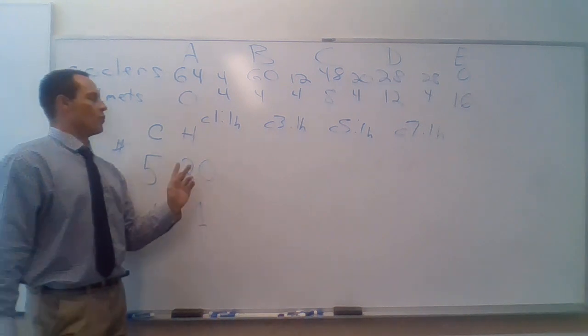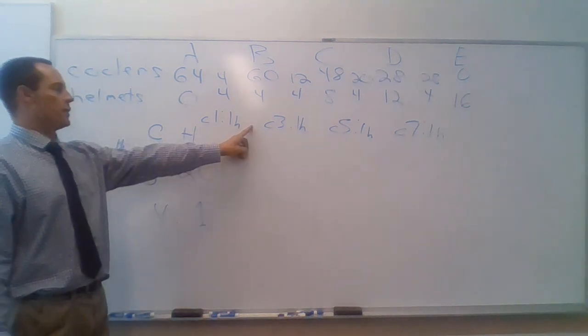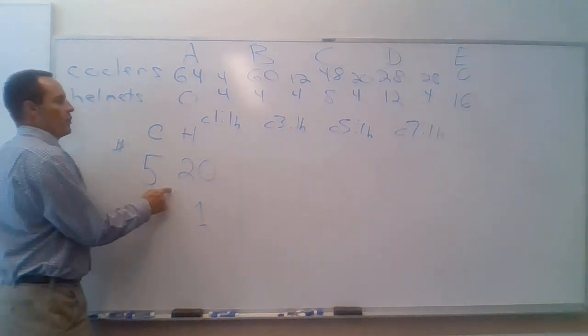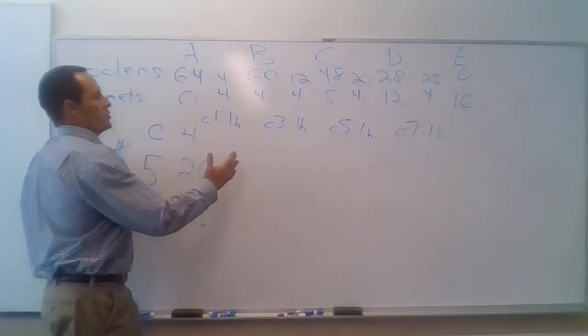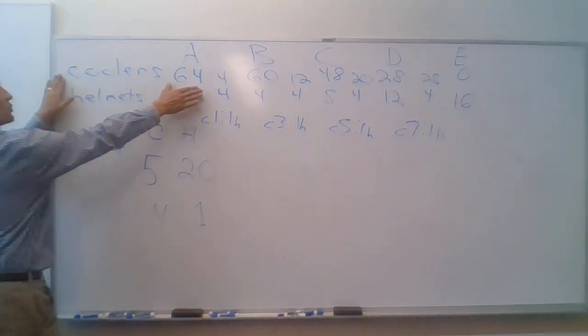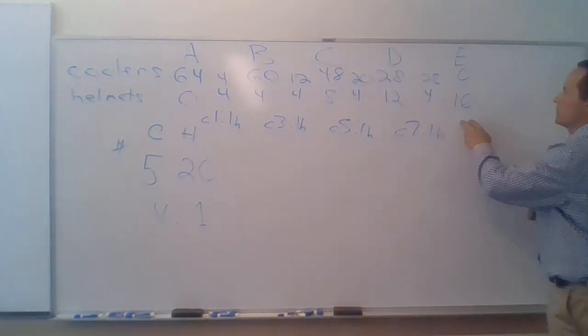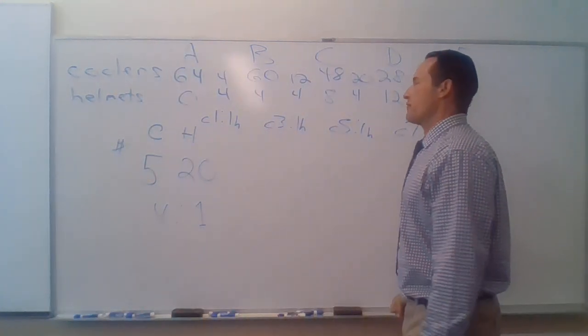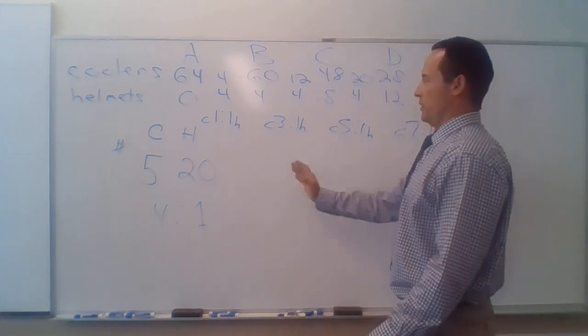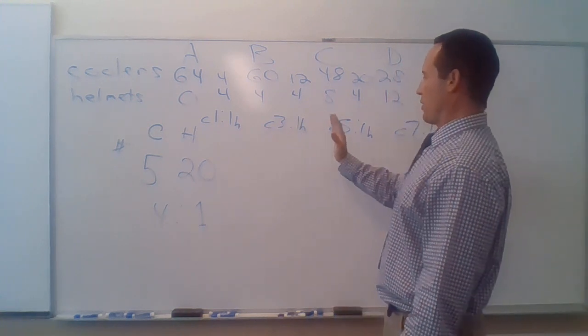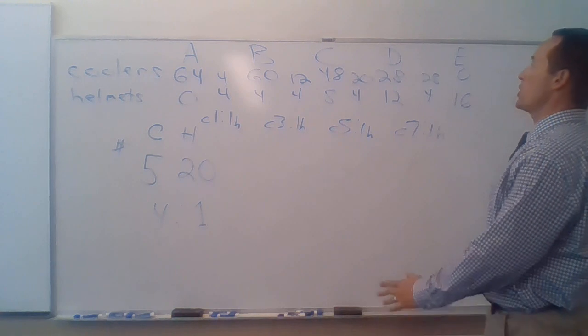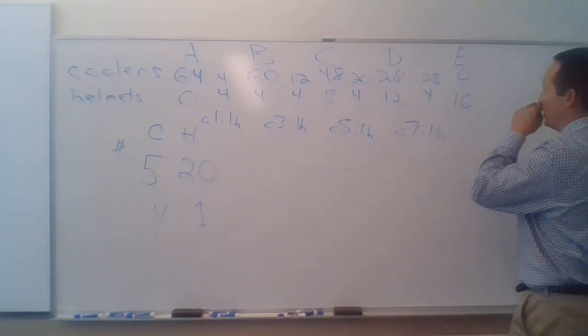So with our first example, we were at point B. If the price has changed to now this, the first question is, do we adjust towards all coolers, which is right here, or to all helmets? Well, if helmets have increased in value, we should be heading in the direction of all helmets. But do we go all the way to all helmets?